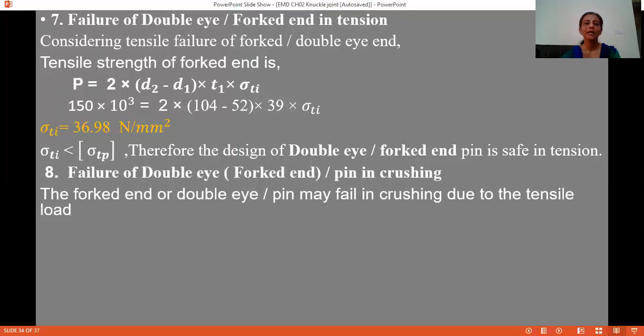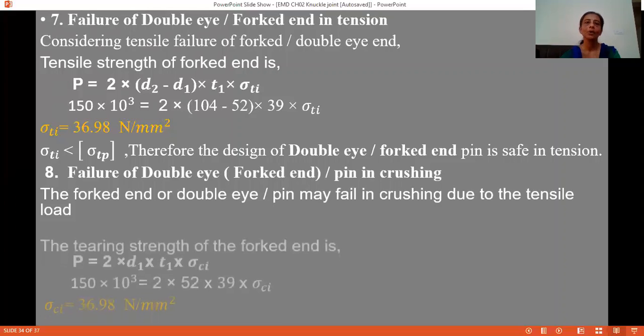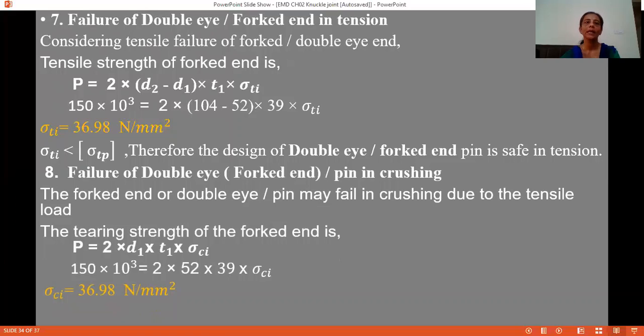Next step is failure of knuckle pin in forked end in crushing failure. There will be localized compressive stress at the contact area, and because there are two eyes, the strength equation for crushing failure of pin in forked end is P is equal to 2 times d1 into t1 into sigma c induced.